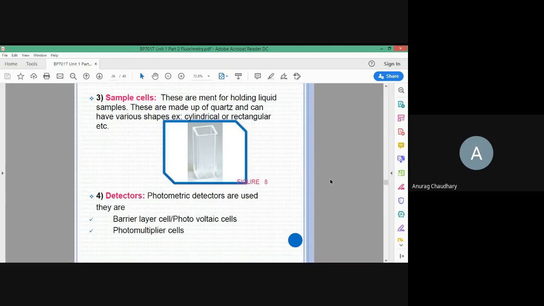Next part is detector. Generally, barrier layer cell or photovoltaic cell and photomultiplier cells are used. Barrier layer cells are used in colorimeter, and photomultiplier cells are used in modern spectrophotometer.